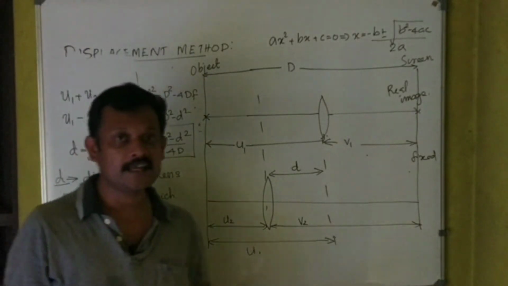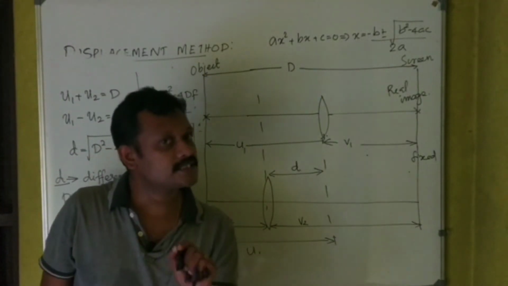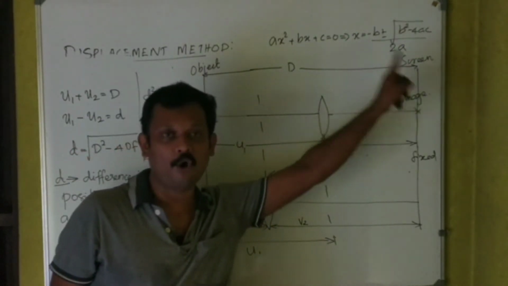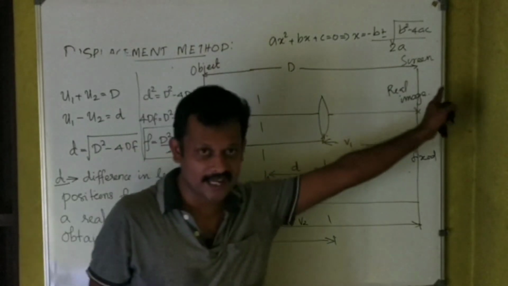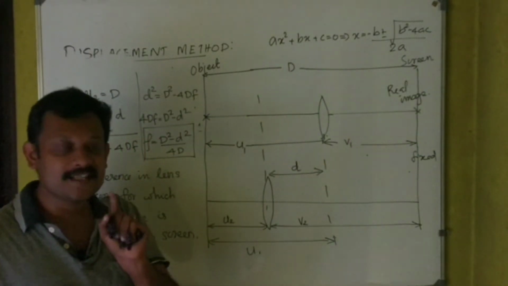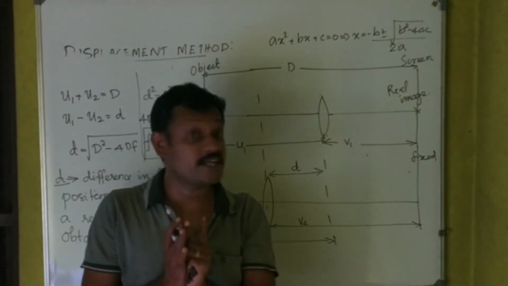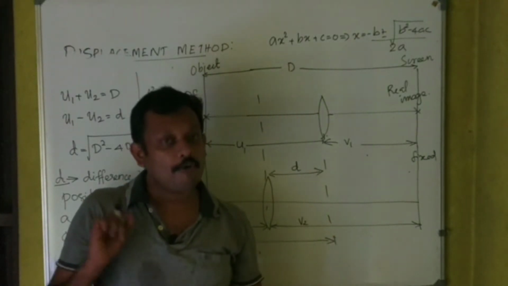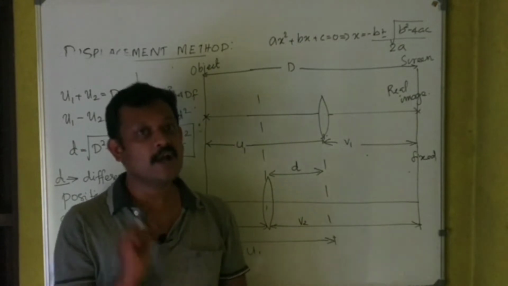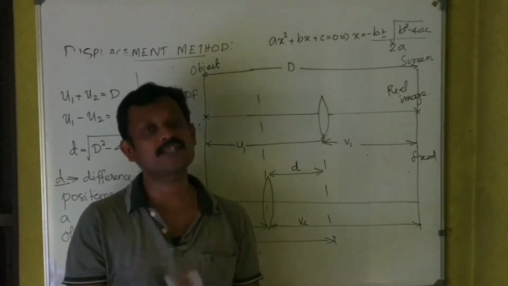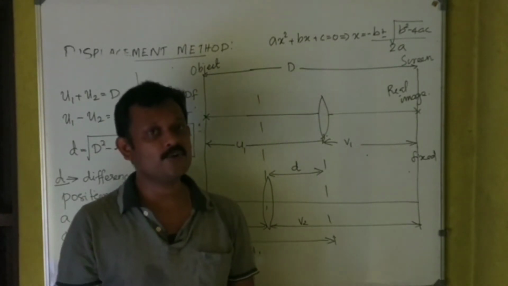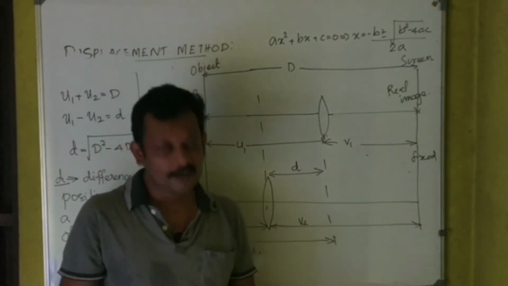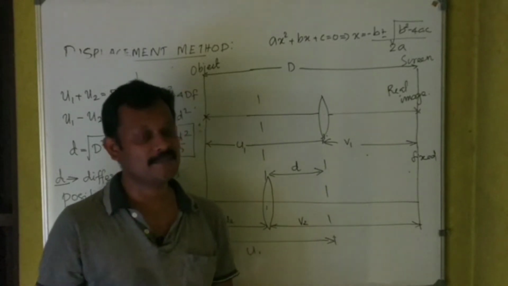Capital D is the distance between the object and the screen. Small d is the distance between the lens positions for which a real image is possible on the screen. So this is the aspect I want to say regarding the displacement method.